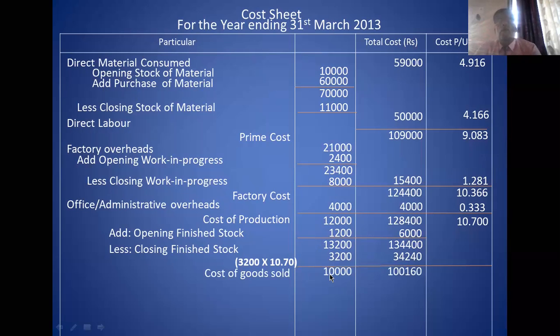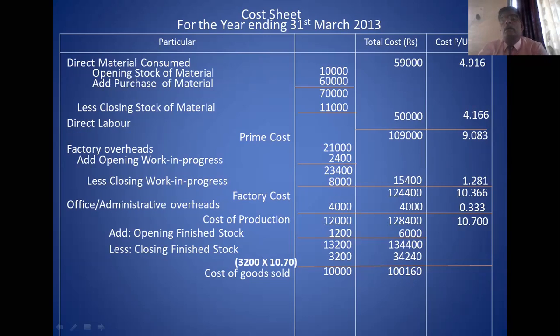Now, cost of goods sold. What it means? How many units sold? 10,000. Automatically, the units sold come for your further calculation. Units sold is 10,000. And value of that is 1,160.